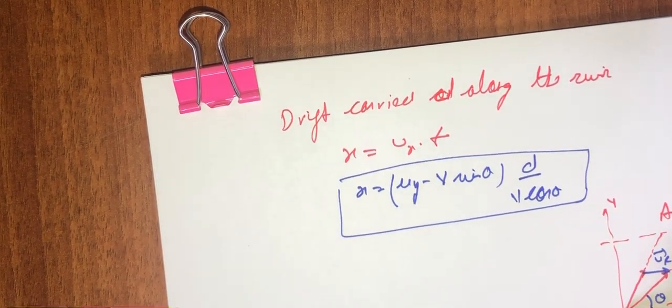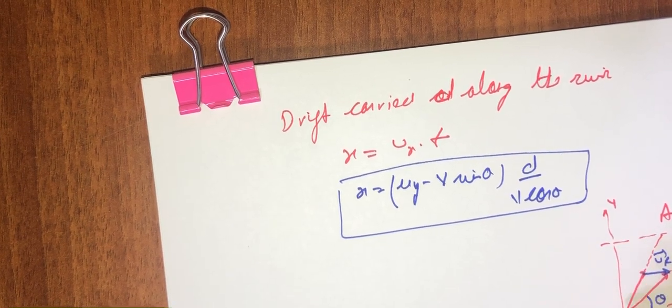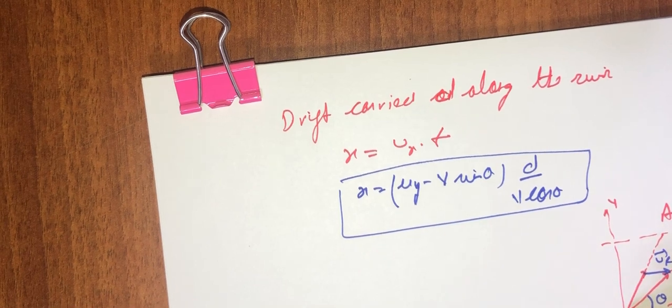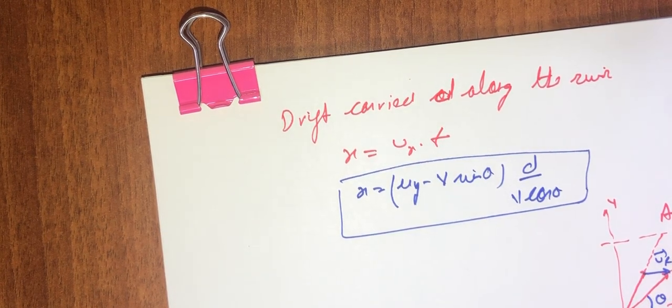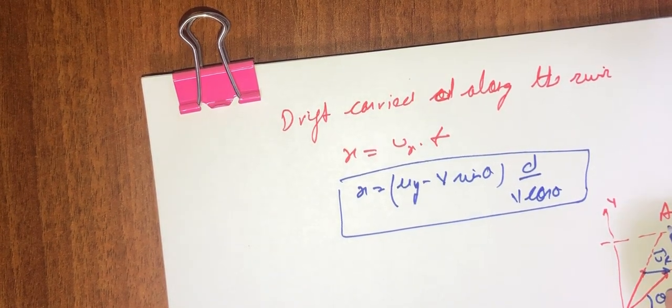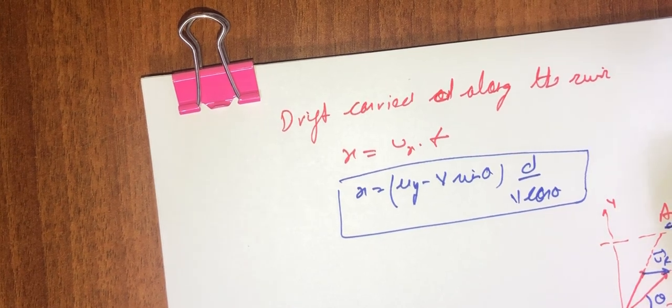Now the swimmer is neither perpendicular nor going in the upward direction, but it is always in the downward direction so that it reaches point A, but because of the velocity of the river, that is VR, it reaches point B. So in this case, this AB will be called the drift.